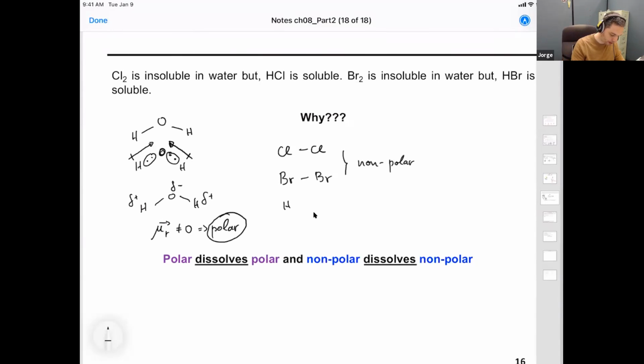However, when you replace one of the chlorines by hydrogen or one of the bromines by hydrogen, now you have two compounds that are polar, and therefore they will be soluble in water. So the rule of thumb is polar compounds dissolves polar compounds, and non-polar compounds dissolves non-polar compounds. Okay.